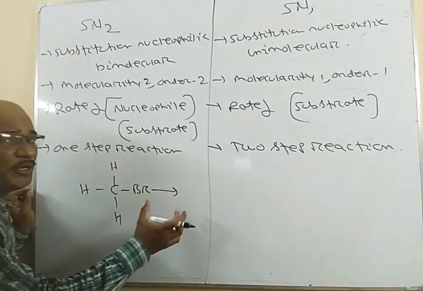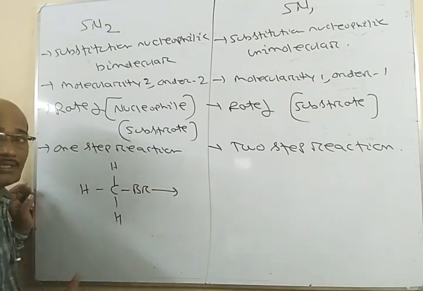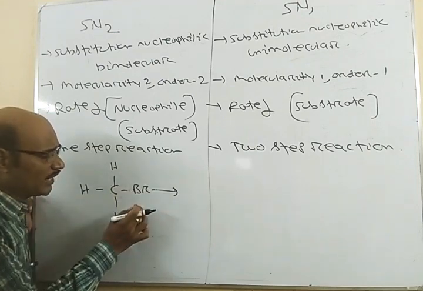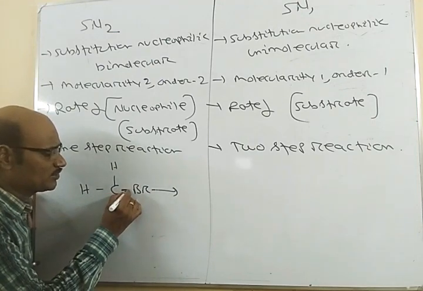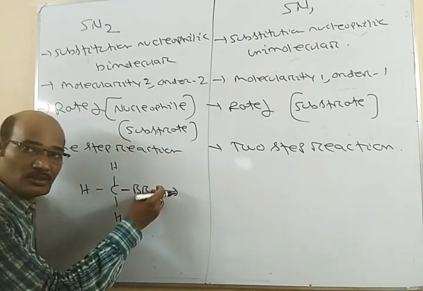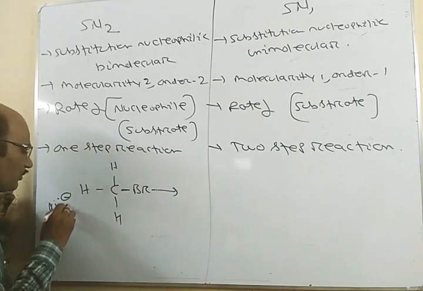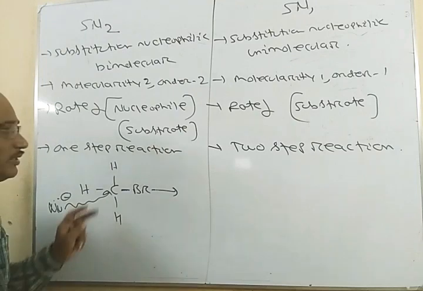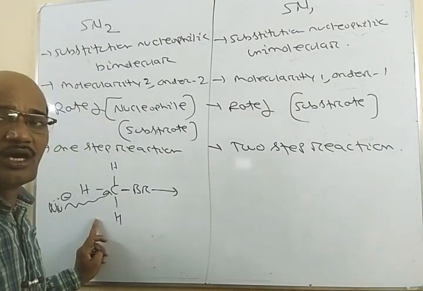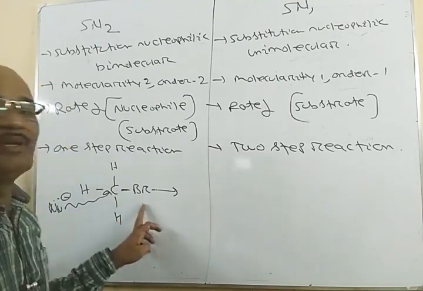When this nucleophile is coming towards it, because this Br has a negative charge, it is a negative species, so it will not allow the nucleophile to attack from this side. So the nucleophile will come and attack from the left side. So in the SN2 reaction, back attack takes place. The nucleophile always attacks 180 degrees opposite to the leaving group.